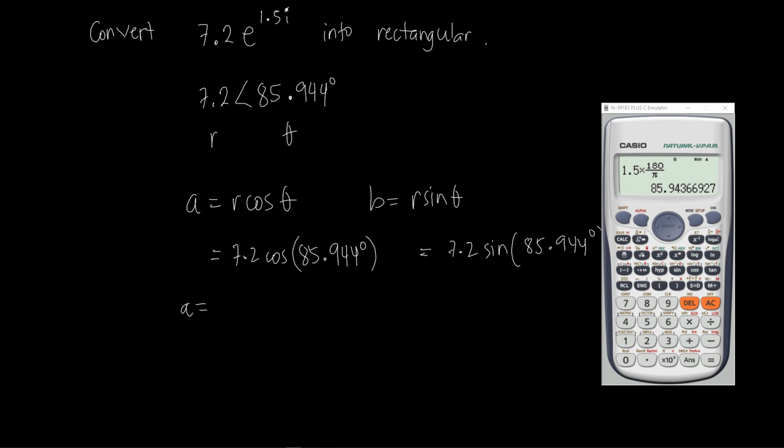Pila ang atong A? 7.2 cosine of 85.944 is 0.509. Then ang B is, 7.182. Okay, so ang atong answer would be, ang 7.2 e raised to the power of 1.5i is equal to 0.509 plus 7.182i.